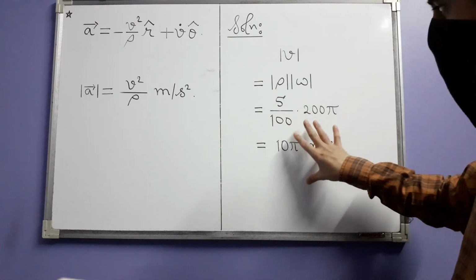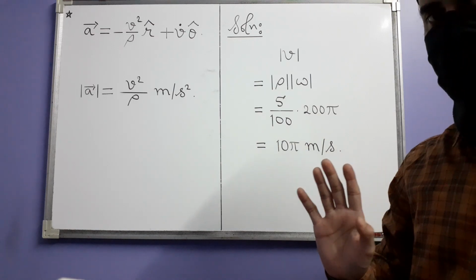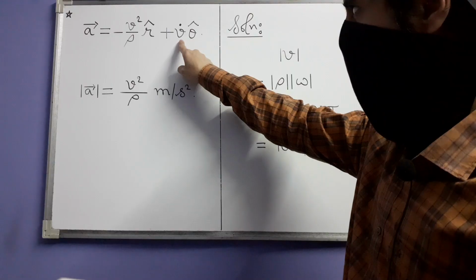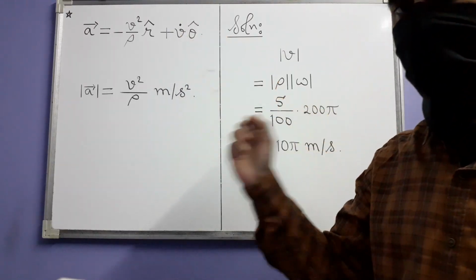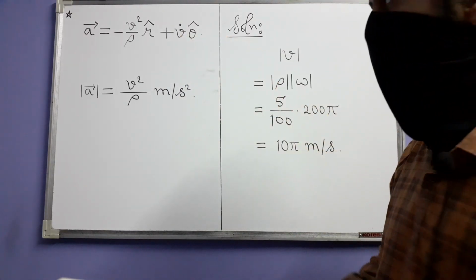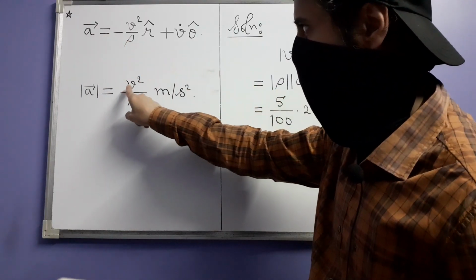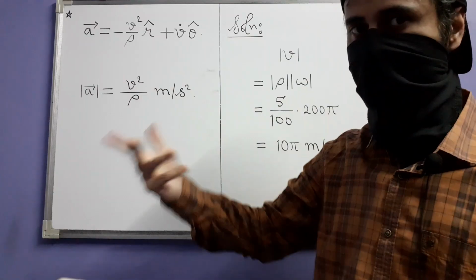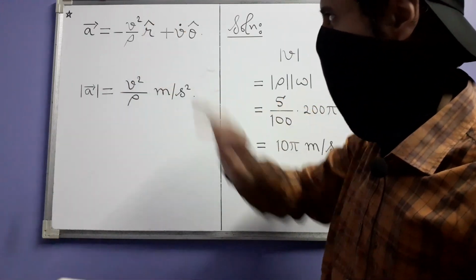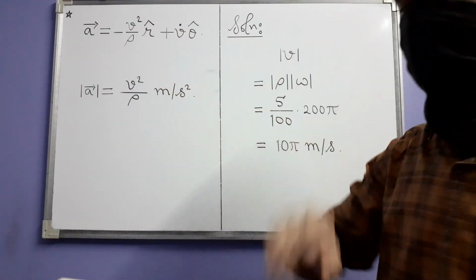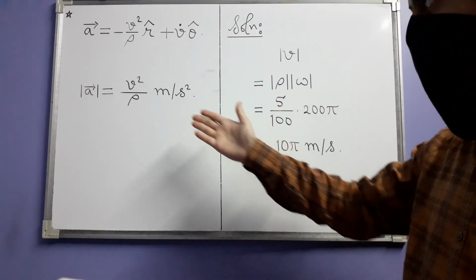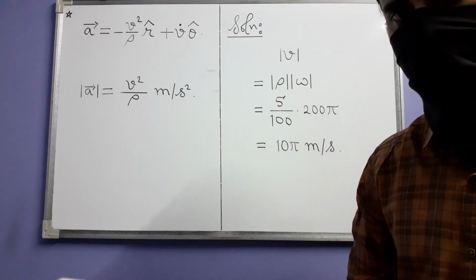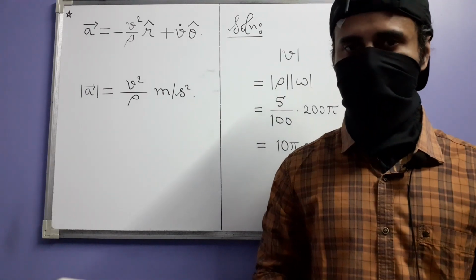Now because rho is constant, it does not change with time, v is also constant, so the time derivative of v will be 0. So this term will vanish. So the magnitude of a will just be v squared divided by rho. The minus sign will vanish because we are taking magnitude, and this is a unit vector, meter per second squared. Now I want you to put the values of v and rho and find the numerical value yourself. Let's end the video here.